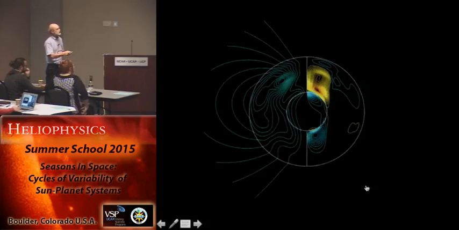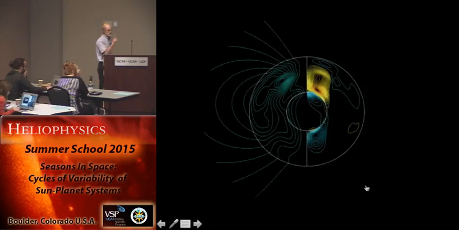Red and yellow represents an eastward component, in other words, into the screen, and blue represents an outward or a westward component. So you have a strong toroidal field here, and you'll see through this simulation that both this reverses and this reverses.